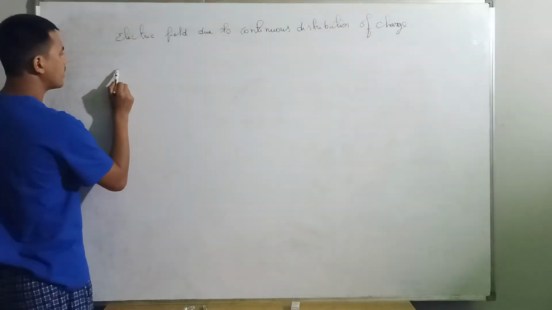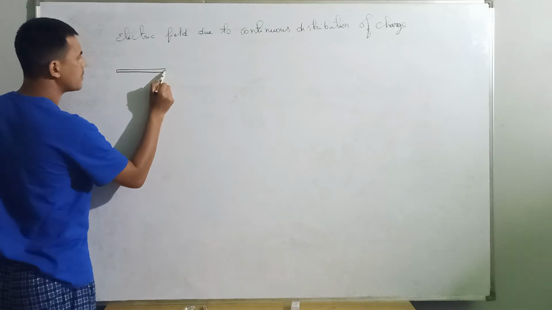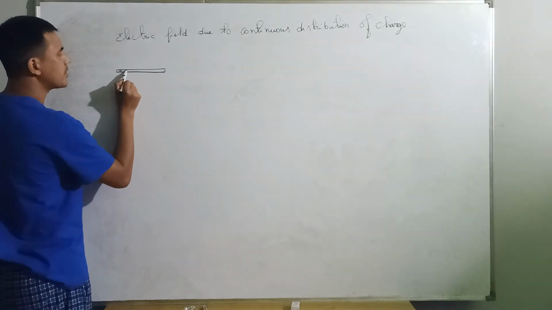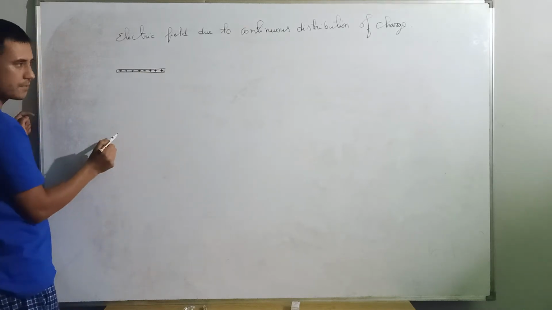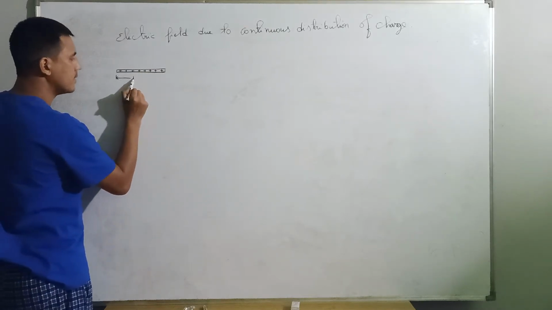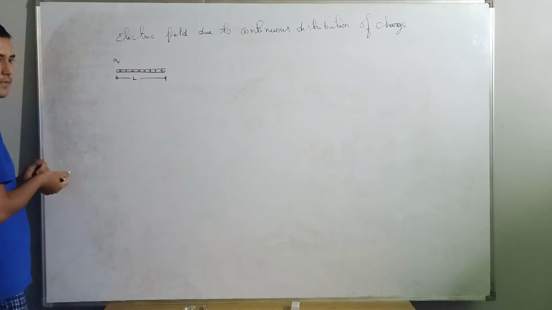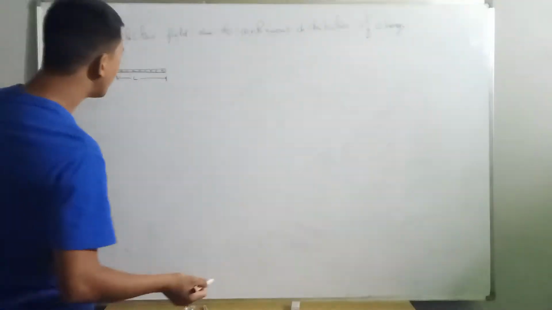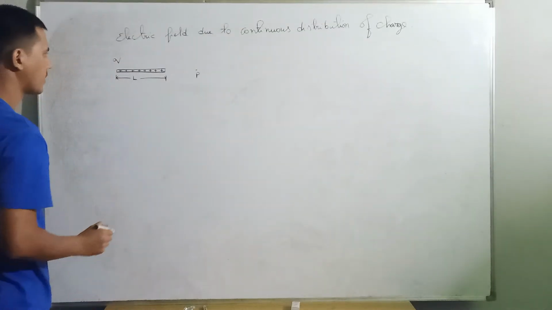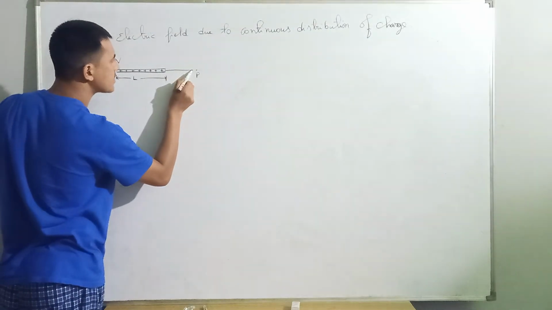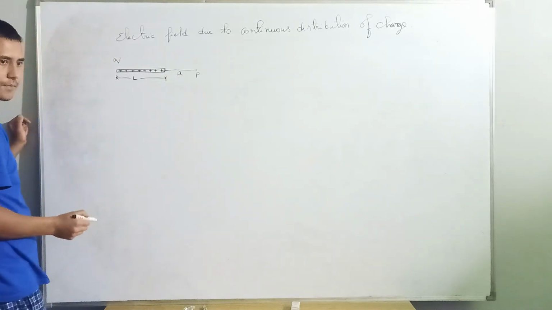So consider a uniformly distributed charged body, a rod of length L, having a charge Q. Now I want to find out the electric field at this point P, which is at the distance A from one end of the rod.